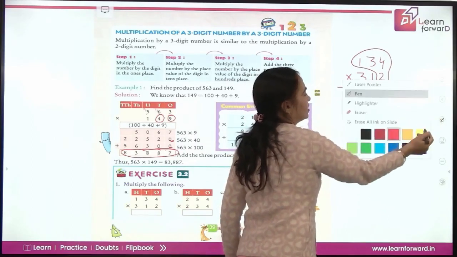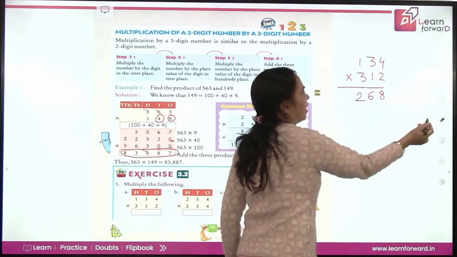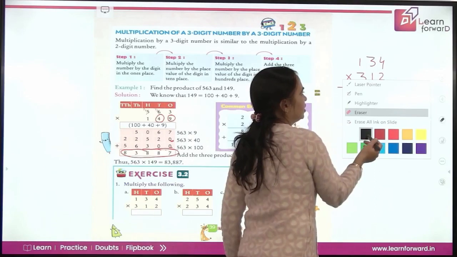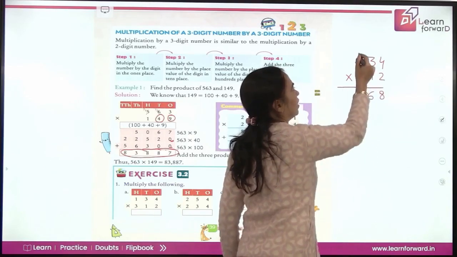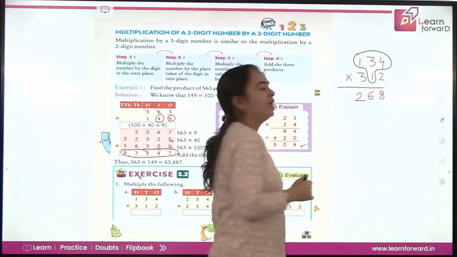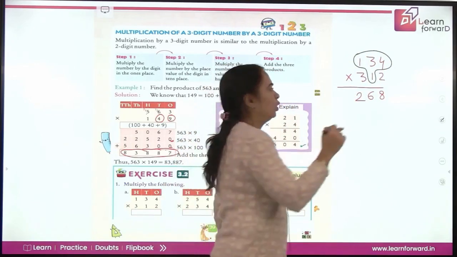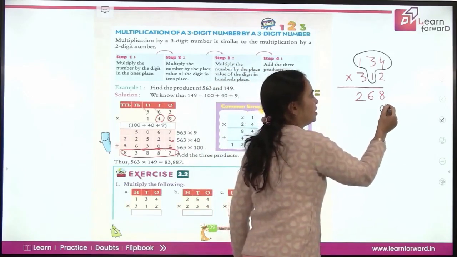Now in the next step, we are going to multiply this number by, what is the second digit here? It is 1. So now we will multiply 134 by 1. Before that, what are you going to do? Good children, you are going to put a 0 here.